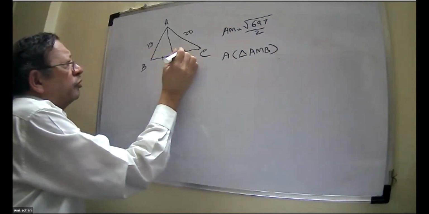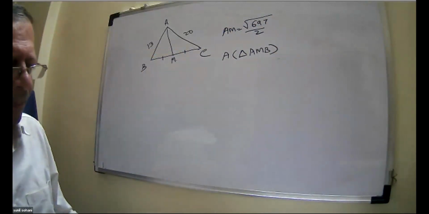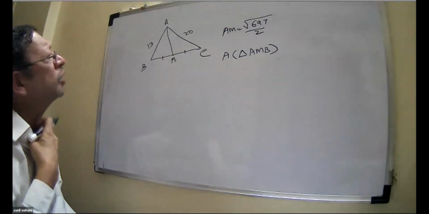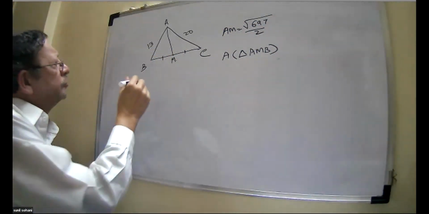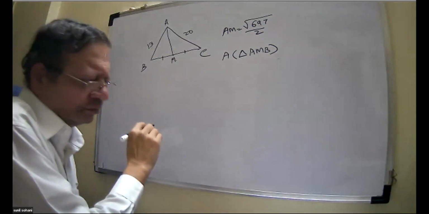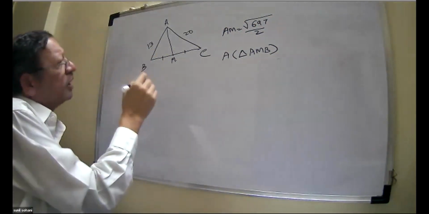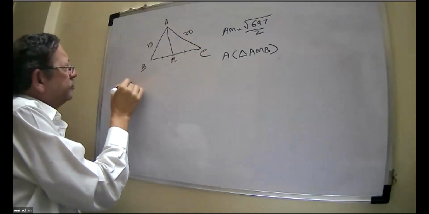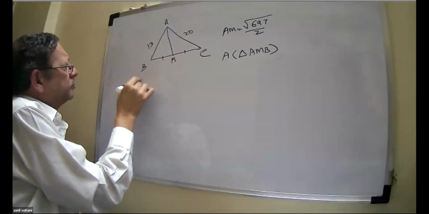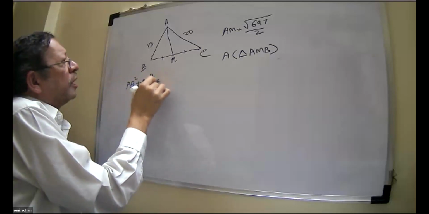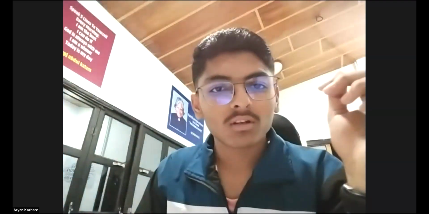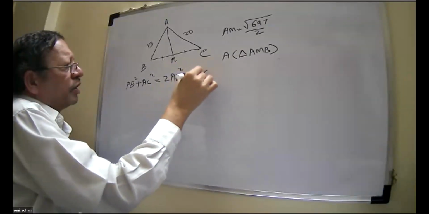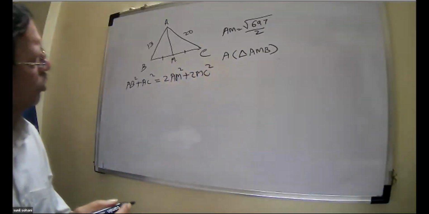M is a median, so BM equals MC. Now applying the Apollonius theorem here: AB square plus AC square equals 2AM square plus 2MC square. MC or BM, both are equal.